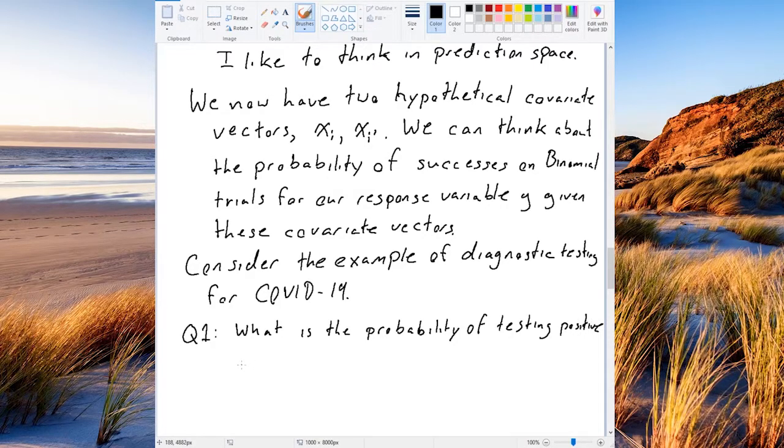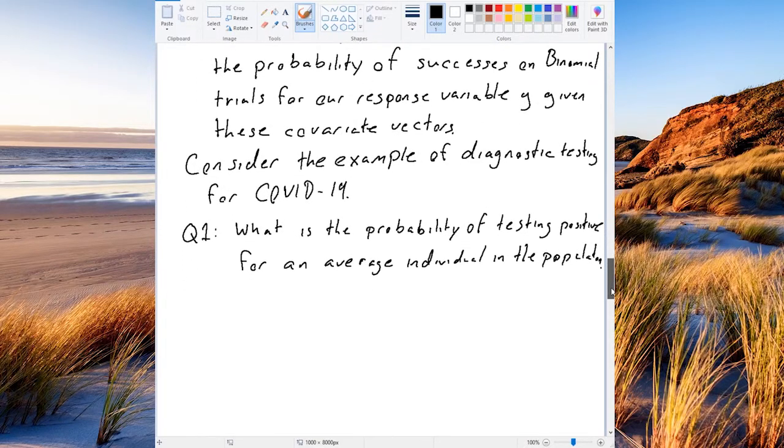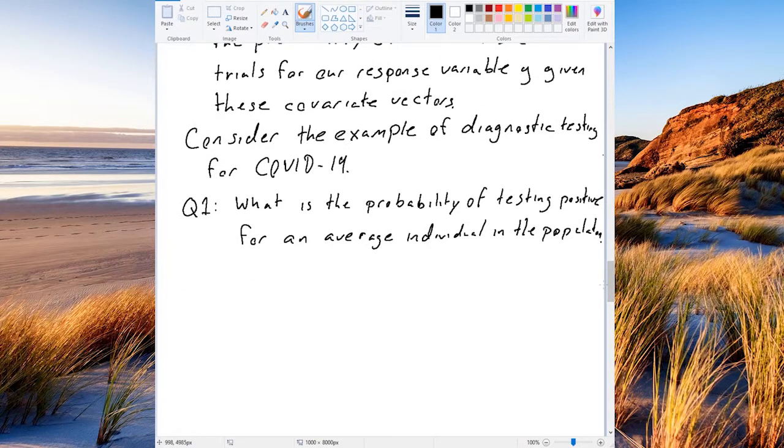What's the probability of testing positive for an average individual in the population? Sorry, guys, I'm not doing a great job writing there. So probability of testing positive for an average individual in the population.